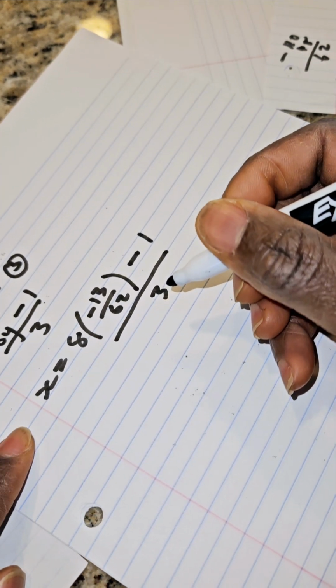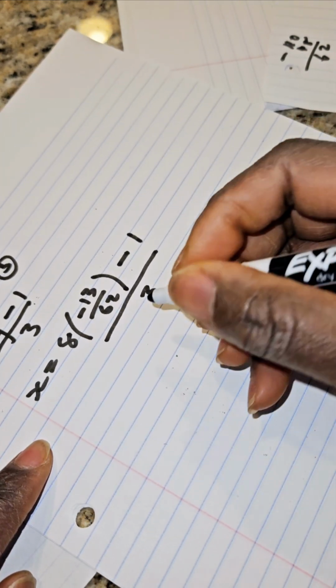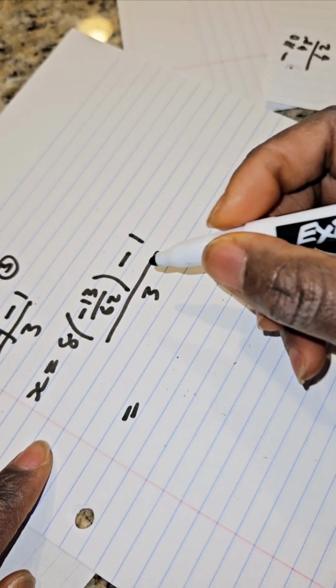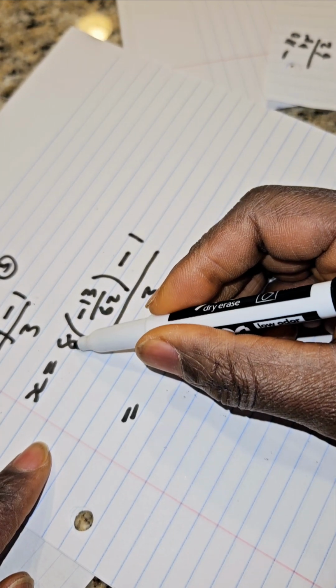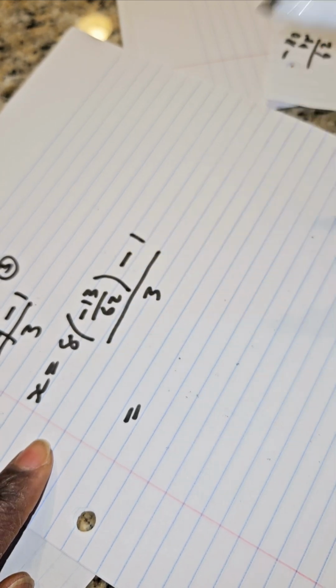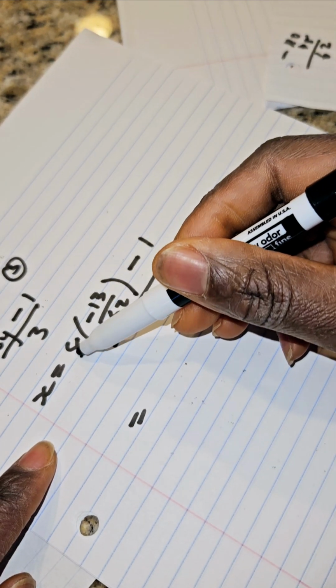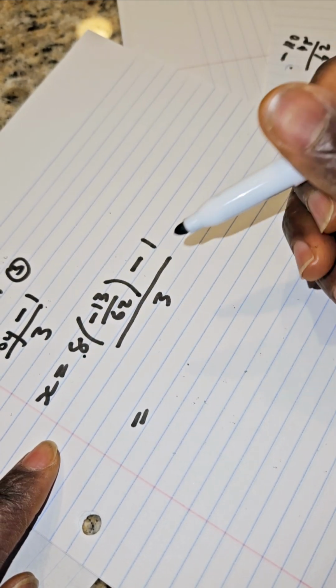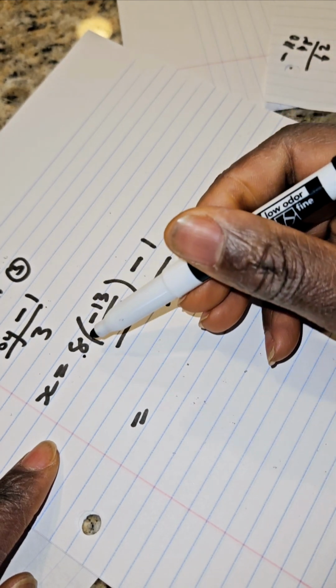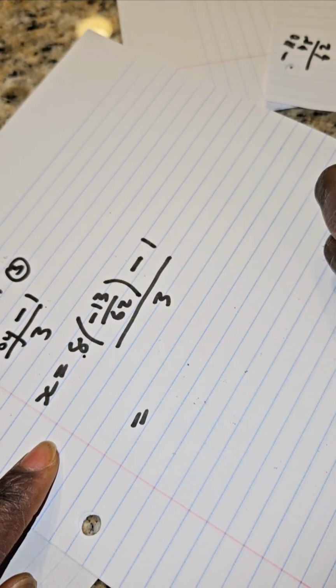So now we have this equals, I can choose to divide first or to do things that will simplify. I can see that 2 can cancel these numbers.